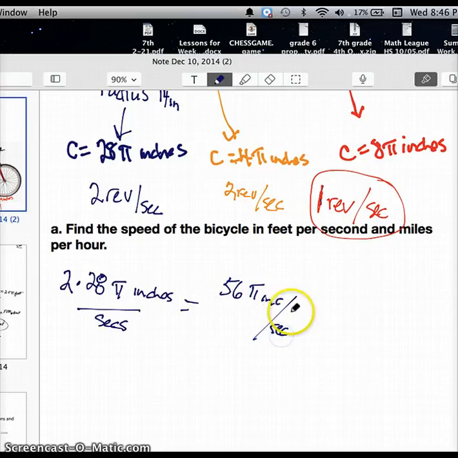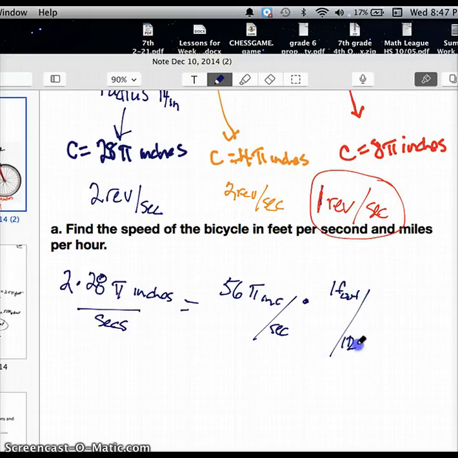Now we're going to use dimensional analysis. You used it in chemistry where you had to change units. They didn't ask for inches per second, which is what we have. We need to find the speed of the bike in feet per second. So to change inches to feet, I'm simply going to multiply by 1 foot over 12 inches.